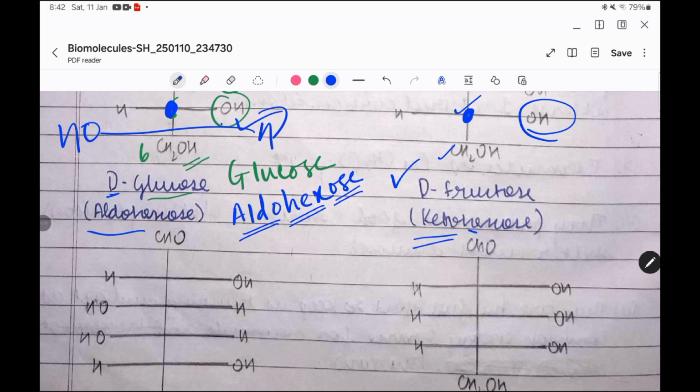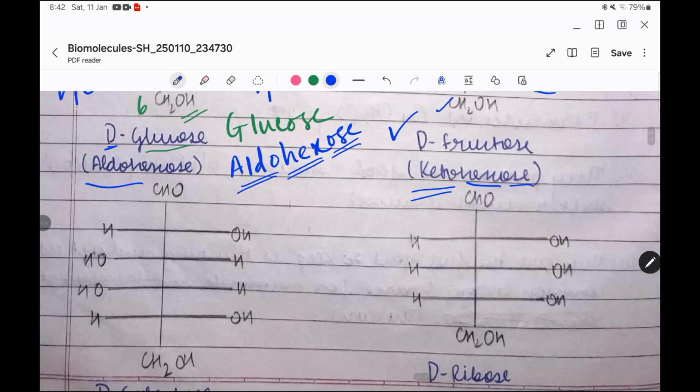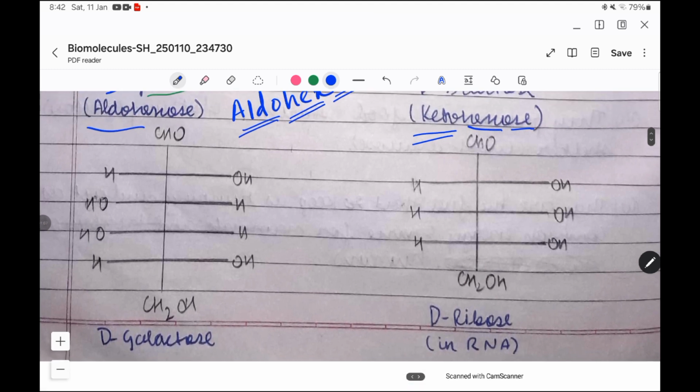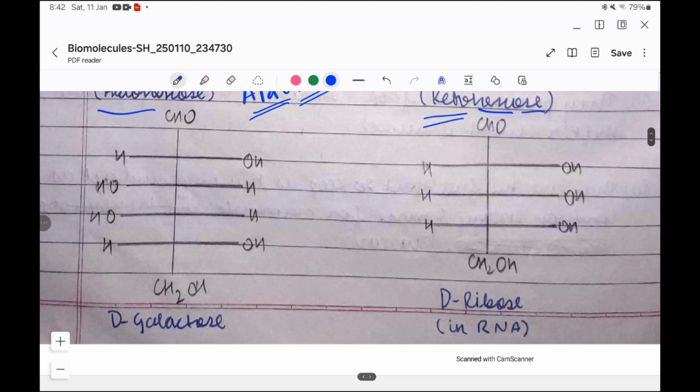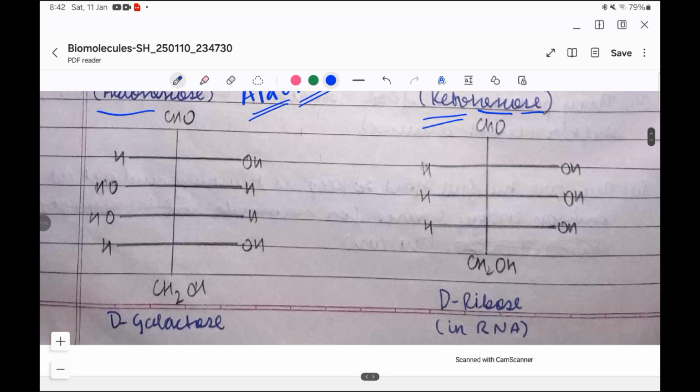Similarly here it's called a ketohexose, right? So I would request everybody who's watching this video to please practice this. The basic point which is important for all of us is that we need to practice these structures.